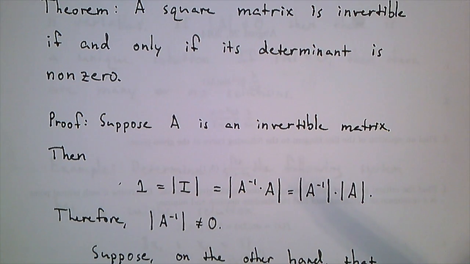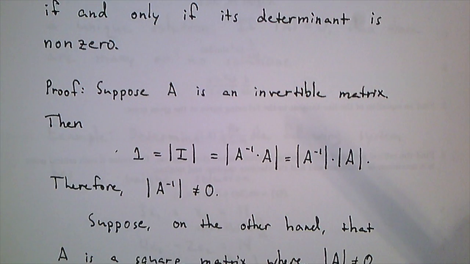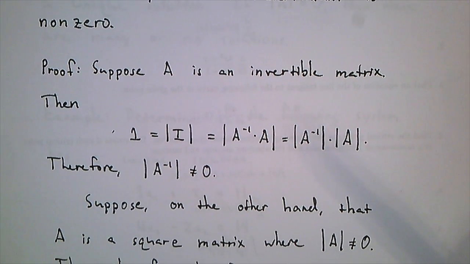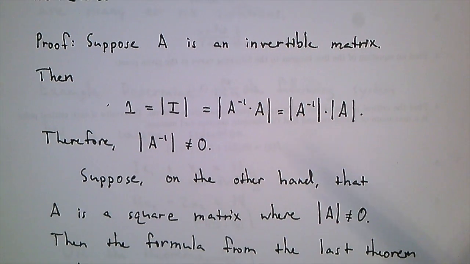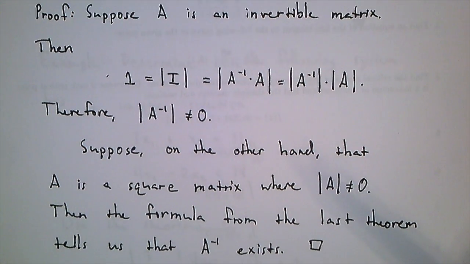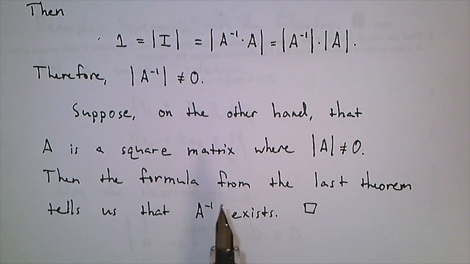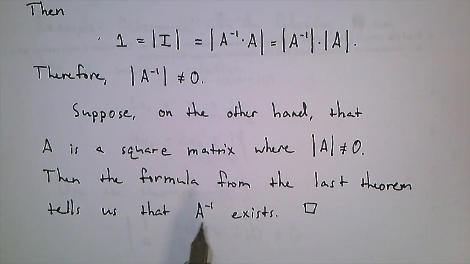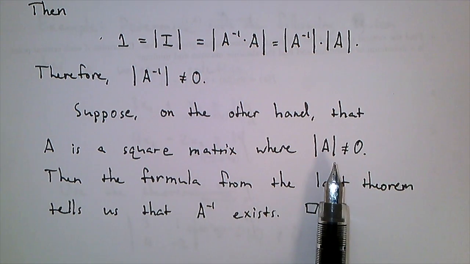Now we have to do the other half. We have to suppose that the determinant of a matrix is non-zero and then prove that it's actually an invertible matrix. But this is what the theorem that we learned last time does for us. It gave us a formula for the inverse of a matrix, assuming the matrix is square and its determinant is non-zero.